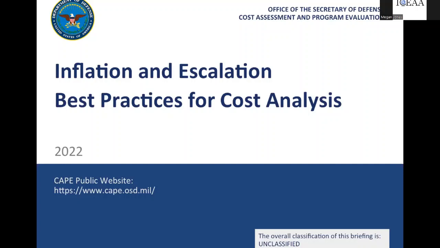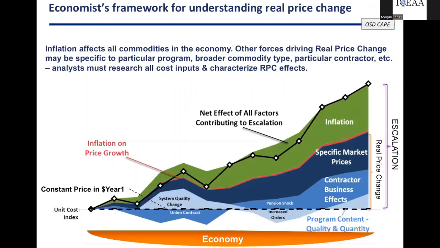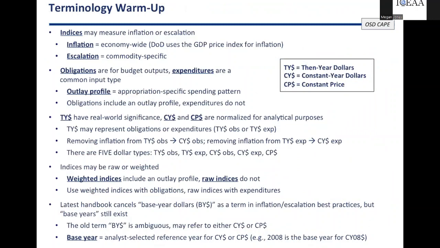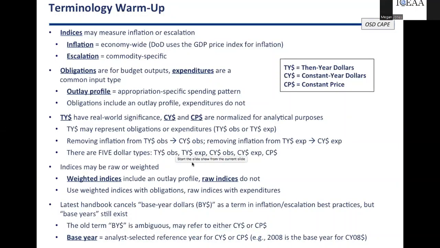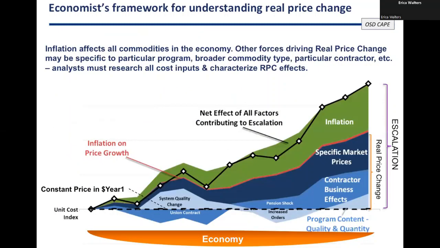Okay, so we have another question that's about slide 5. So good thing you're at the front here. Terminology says that escalation equals commodity specific, but slide 4 indicated that escalation includes inflation, specific market prices, contract, or business effects. Can you clarify? So yeah, the reason we say commodity specific for escalation is primarily because of the real price change piece of it, as opposed to inflation.